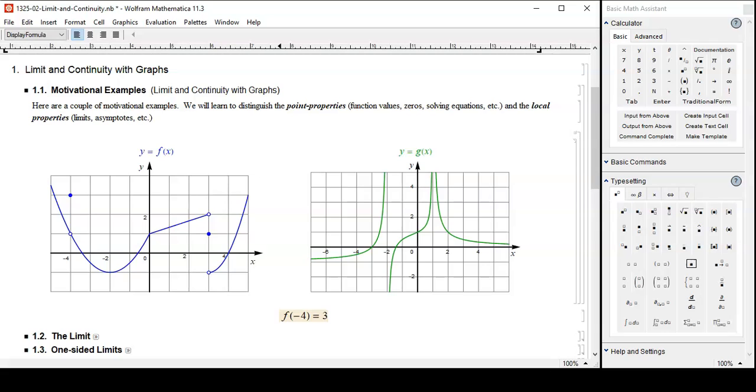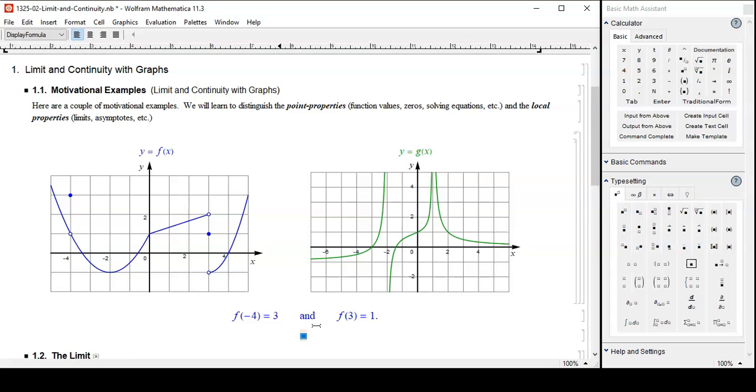And that's 3. How about f of 3? Well, right here, f of 3 is equal to 1. X value is 3, y coordinate is 1, function value is y coordinate. That's what I can see from this blue graph.